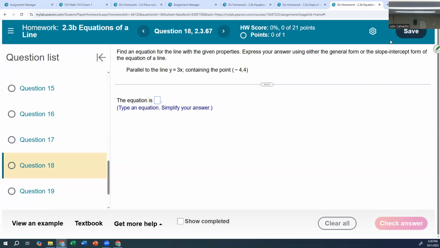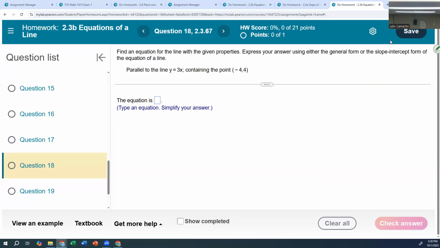Express your answer using the general form and y-intercept form. You have an equation y is equal to 3x, containing the point negative 4, 4.